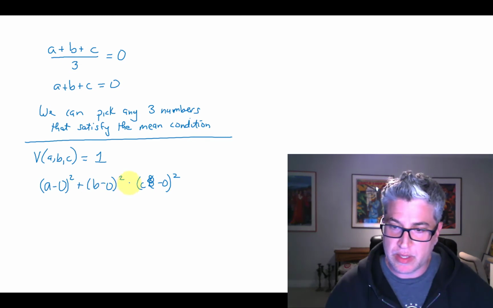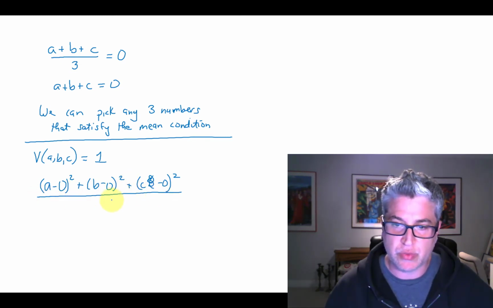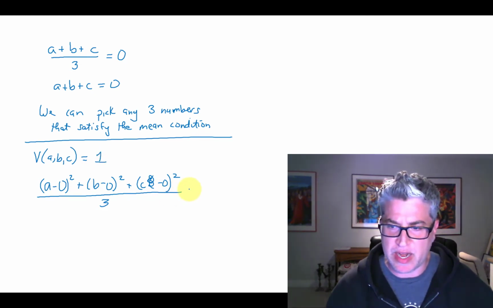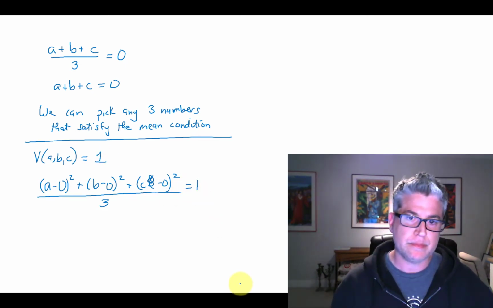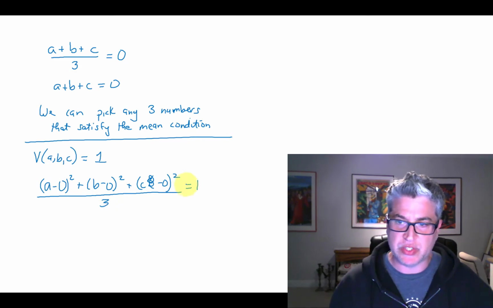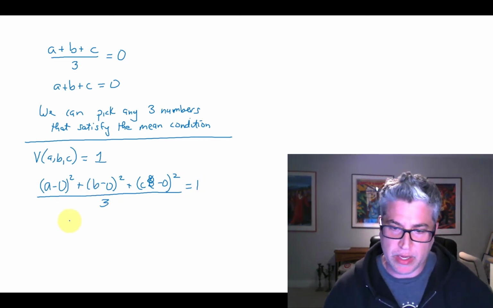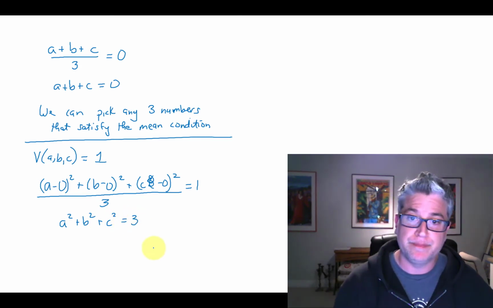And we want to take the average of those three squared distances. And we said, let's just suppose that that average was 1. Now we can cross multiply this 3 as well, and subtracting 0 we can ignore. So this statement simplifies to A squared plus B squared plus C squared is equal to 3.